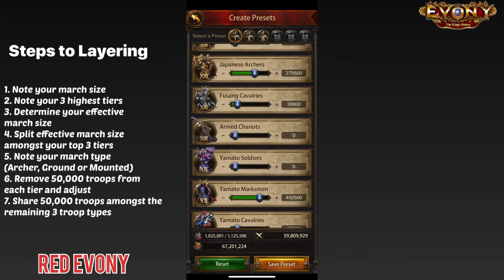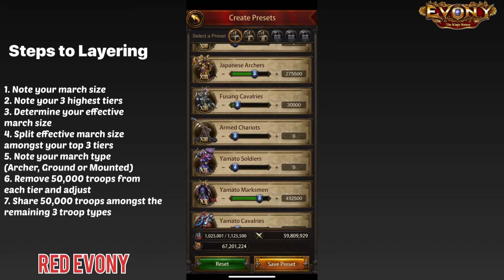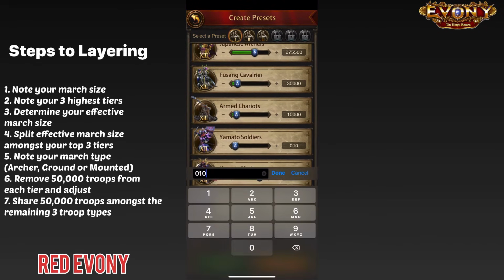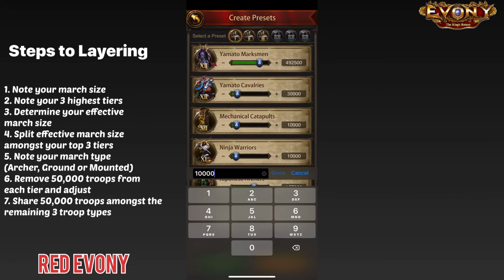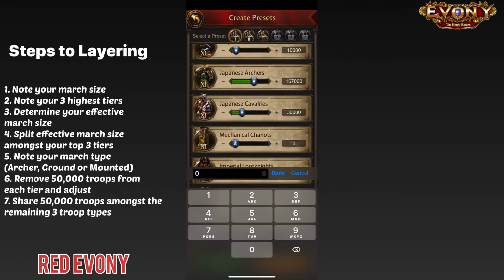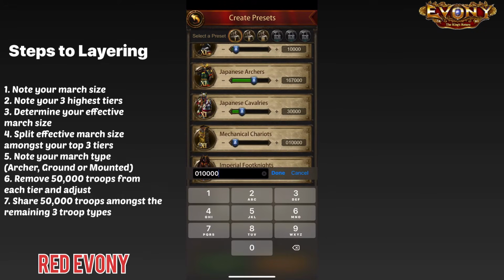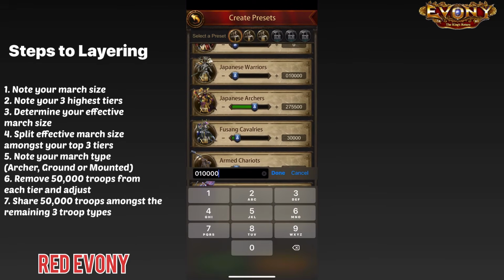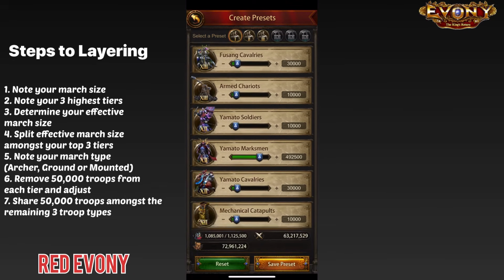Now, for the remaining two troop types, we put 10,000 in each one. There, all done.